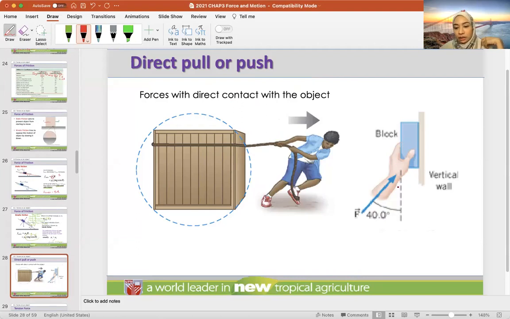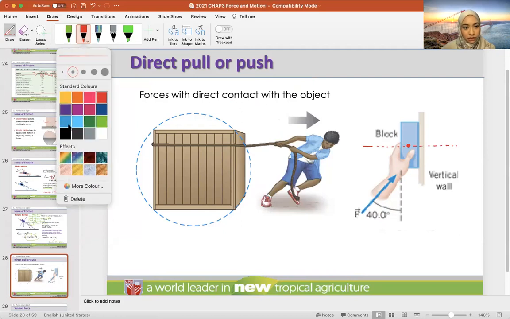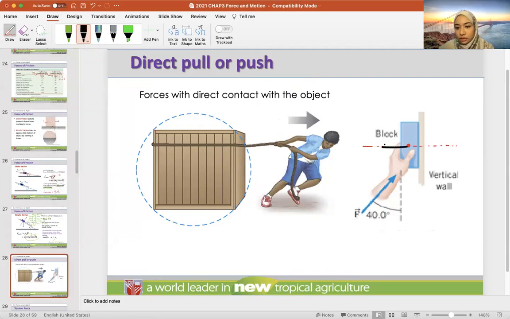Tapi macam mana kita nak resolve this force to be in the same plane as our reaction force? Reaction force kita always perpendicular to the surface. So this is our reaction force. Tiba-tiba force ni arah ni pula. Macam mana pula tu?